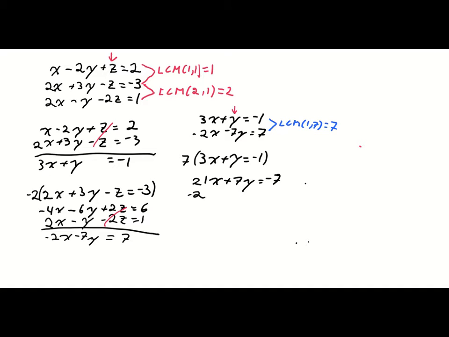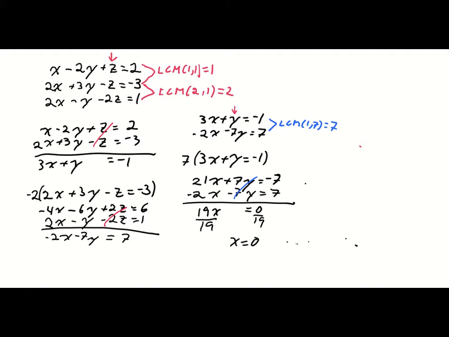Copying down the second equation, negative 2x minus 7y equals 7. Adding our equations up, we get 19x, the y's cancel, equals 0. Solving for x, we divide by 19, and x is equal to 0.